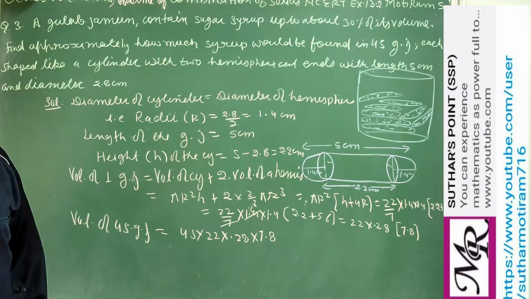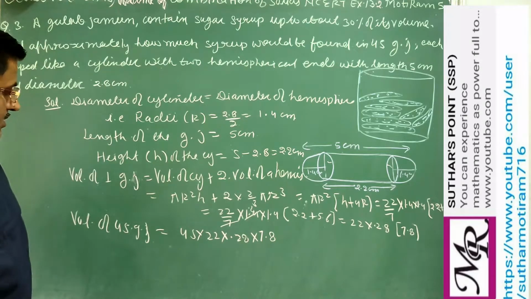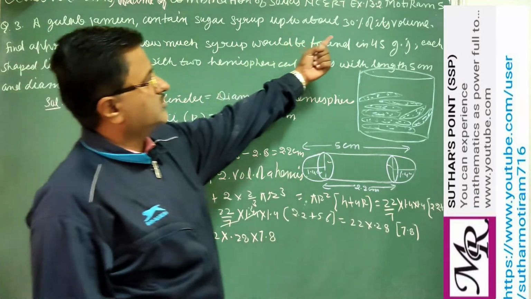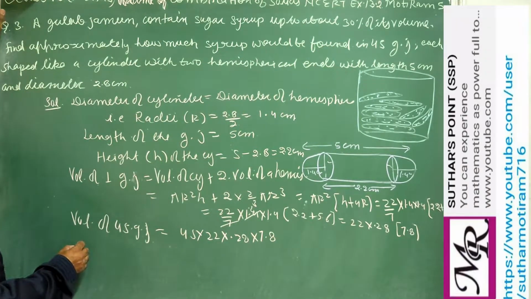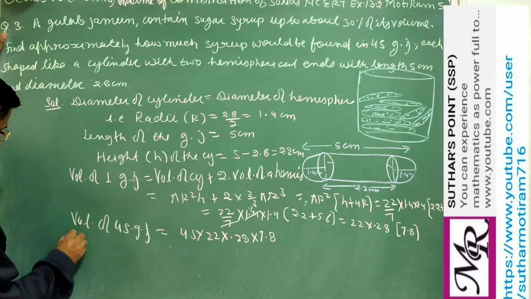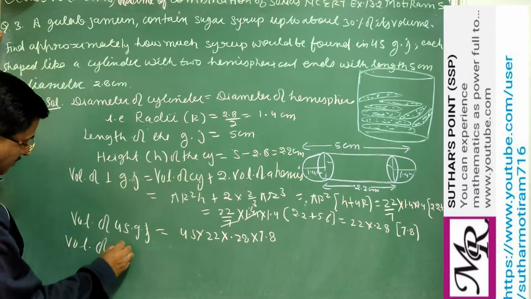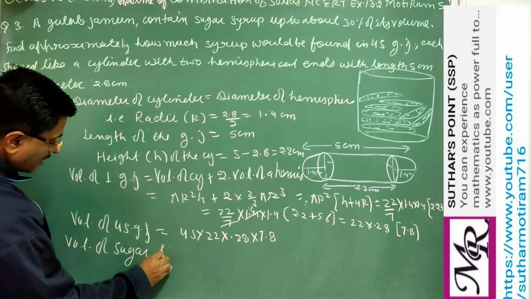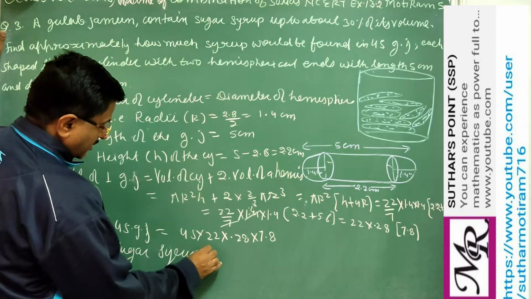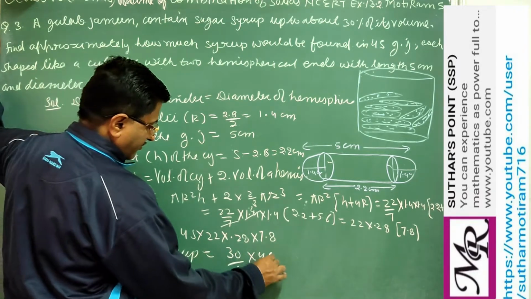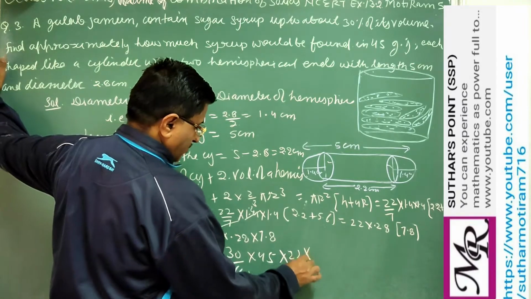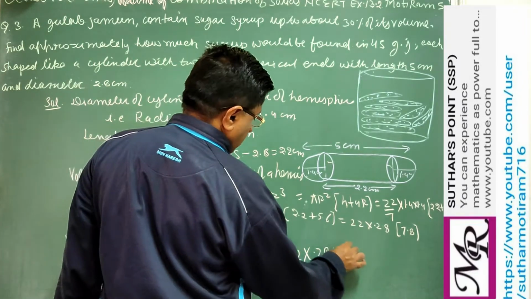Now we have to see the volume of sugar syrup, that is 30% of this total volume. We already found the total. So volume of sugar syrup equal to 30% of this. So 30 by 100 into 45 into 22 into 0.28 into 7.8.